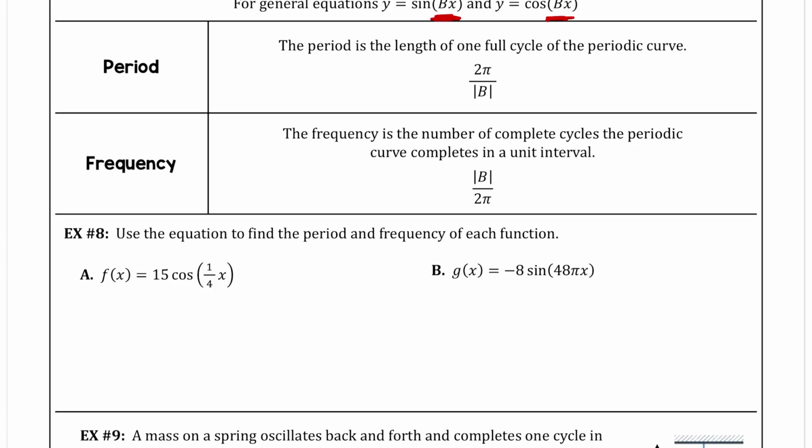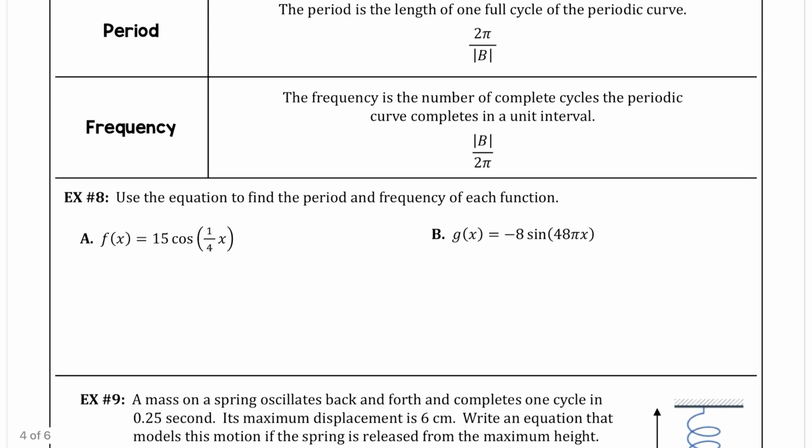Frequency is the number of complete cycles that the periodic curve completes in a unit interval. Which is, instead of 2 pi over b like the period, it's b over 2 pi. So we're going to have to be careful not to mix that up.